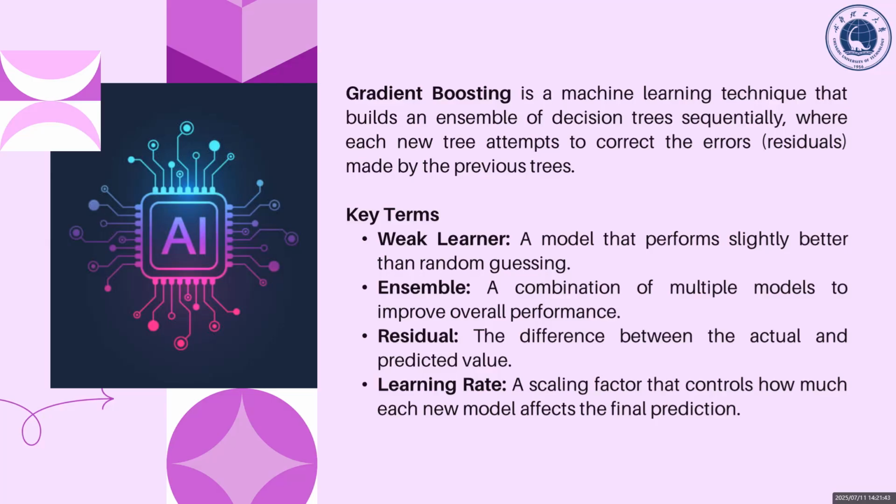And then finally, we have the learning rate. The learning rate is the scaling factor that controls how much each new model affects the final prediction. This is nothing but the step size that controls the training process of the gradient boosting model.